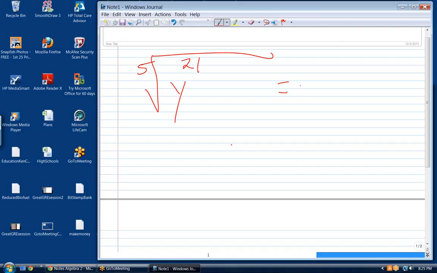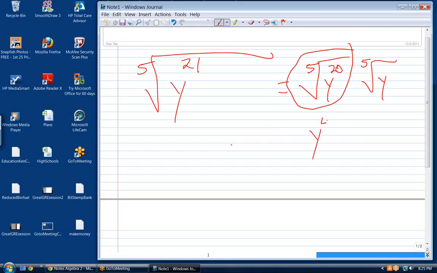In other words, what this would be is the fifth root of y to the 20th times the fifth root of y to the 1. That's all I'm doing is separating it. And the reason I separate it is because that comes out as a whole number. Y to the 4th times the fifth root of y. That's the answer.